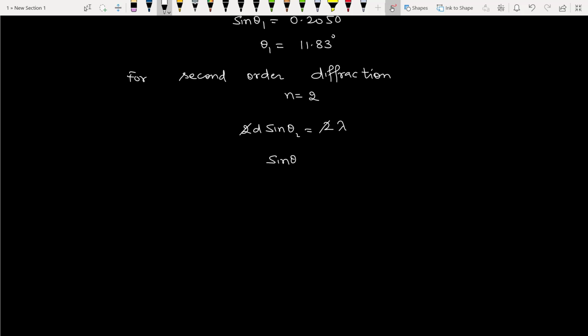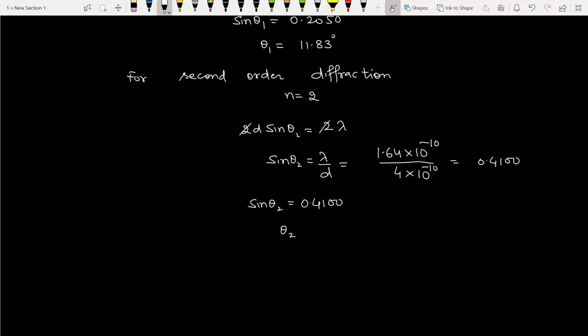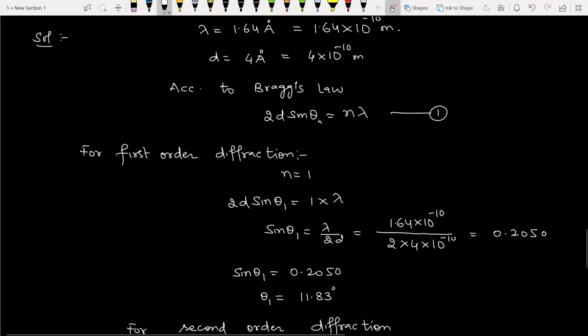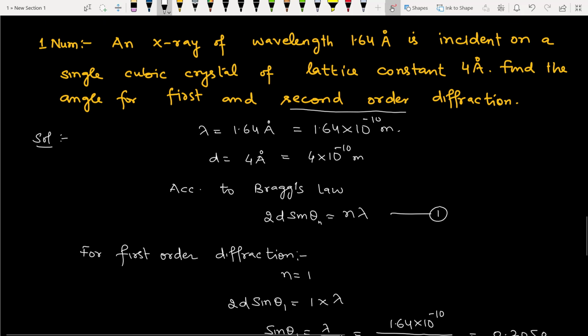So sine theta 2 will be equal to lambda upon d, 1.64 into 10 raised to power minus 10 upon 4 into 10 raised to power minus 10, so it will be 0.41. So theta 2 will be 24.2 degree. We can get this angle from the log table. So this is a very important question related to Bragg's law of diffraction. Simple one, very important for exams.